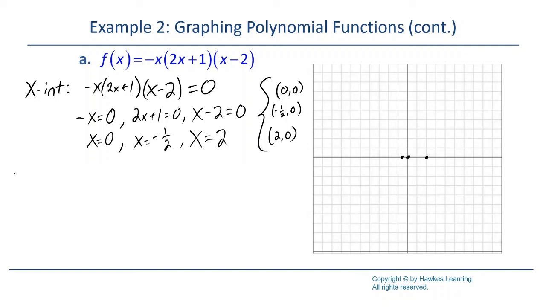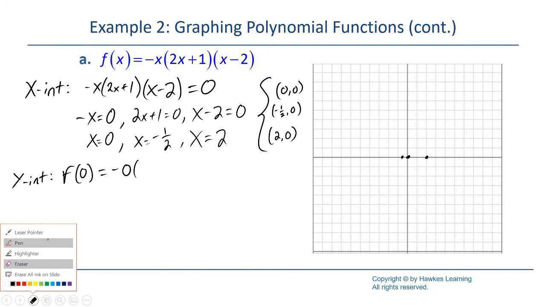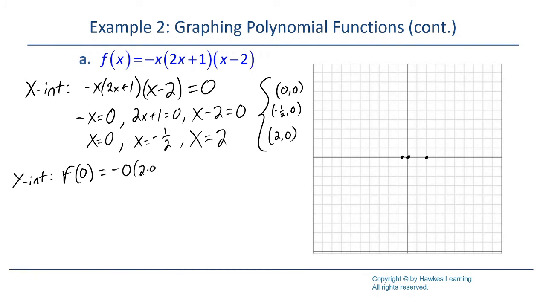Now the y-intercept's a little bit boring in this case. To get the y-intercept, you just plug in 0, because that tells you where it crosses the y-axis. But in this case, we have negative 0 times 2 times 0 plus 1 times 0 minus 2, which all that is going to be equal to 0.